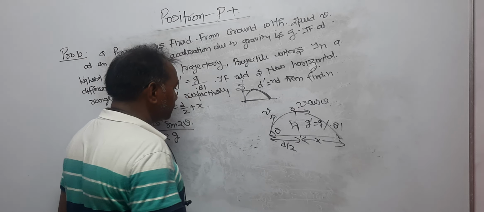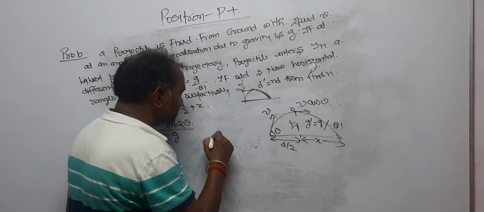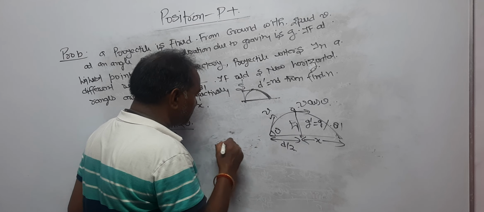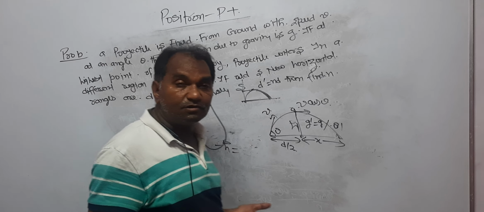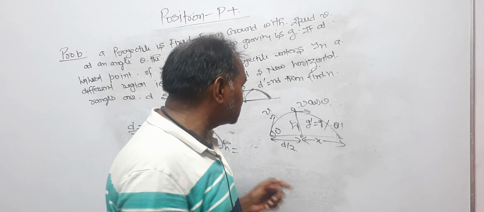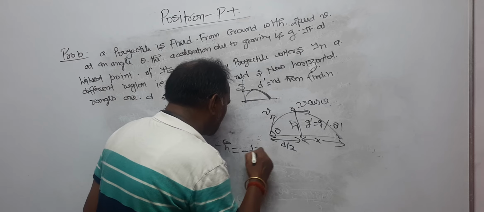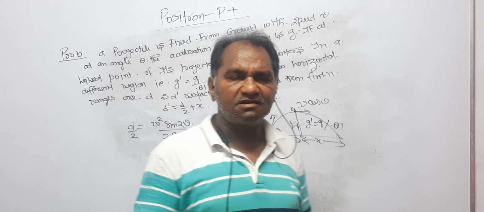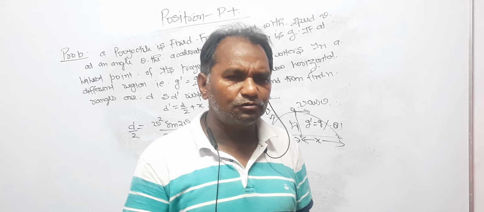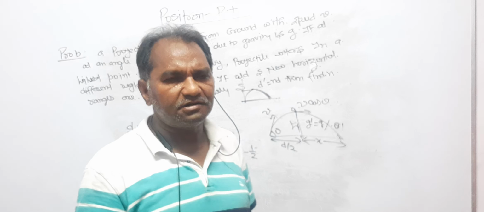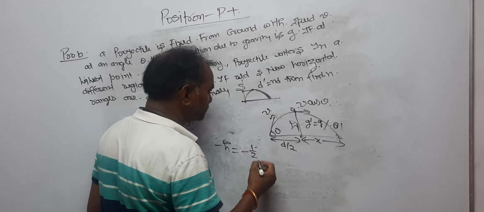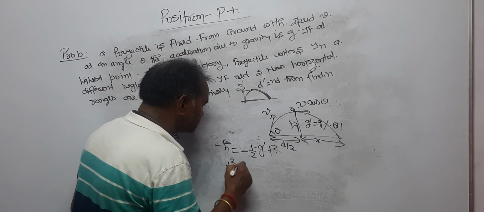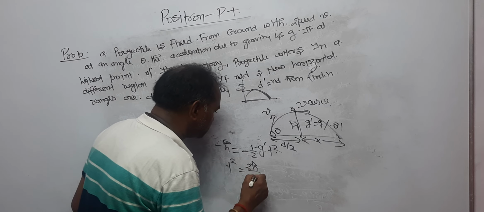Let that time be t. Vertical distance is minus h, initial vertical velocity u is 0, so minus half g t square, where g is always negative because acceleration due to gravity throughout the projectile motion is vertically downward. So t square is equal to 2h upon g dash.